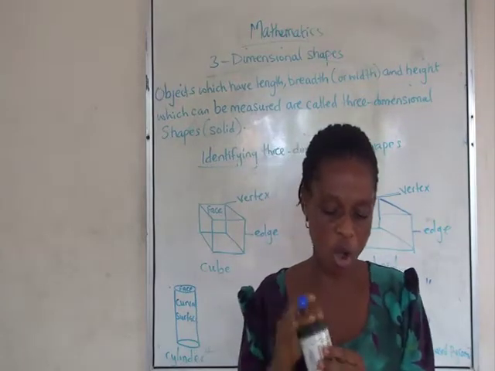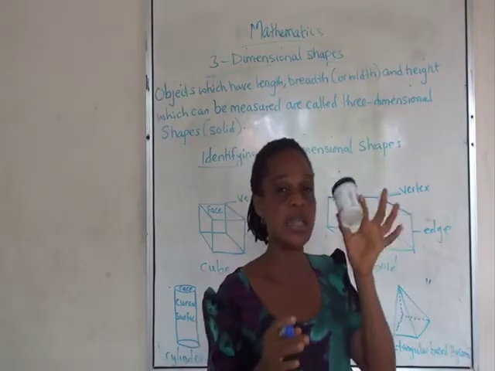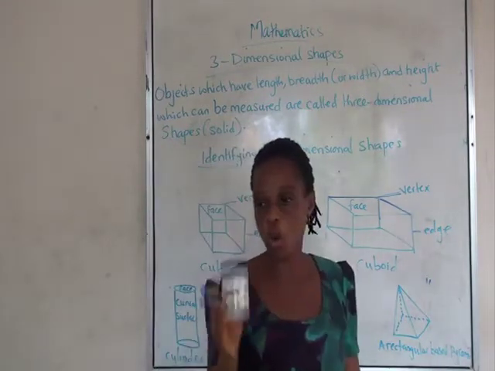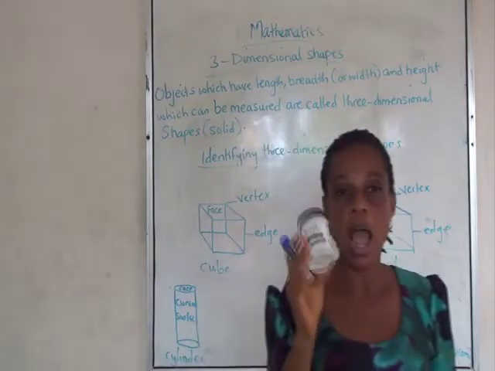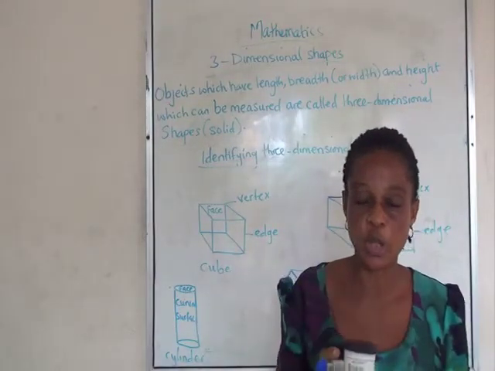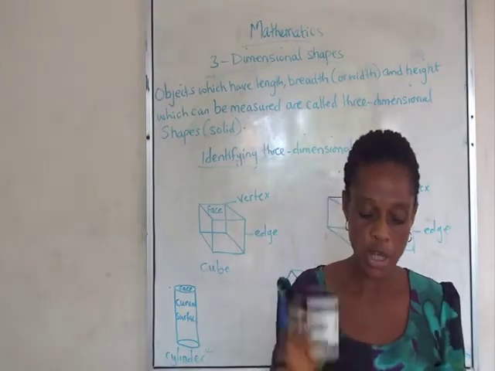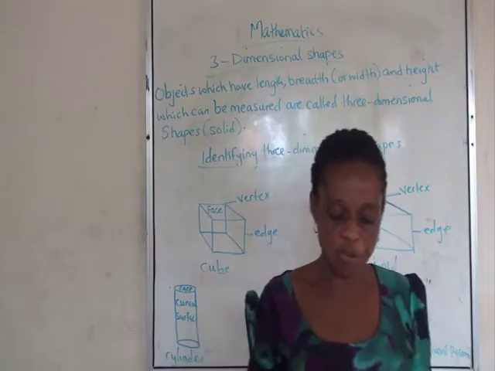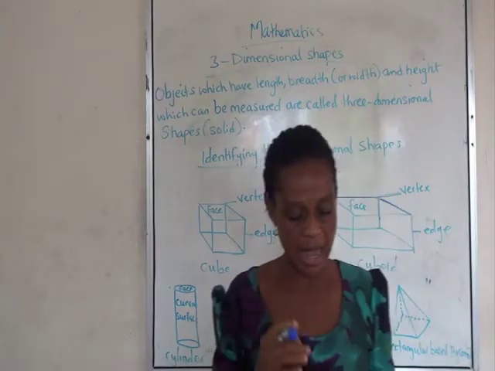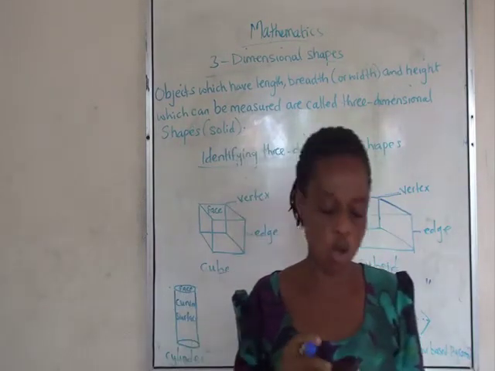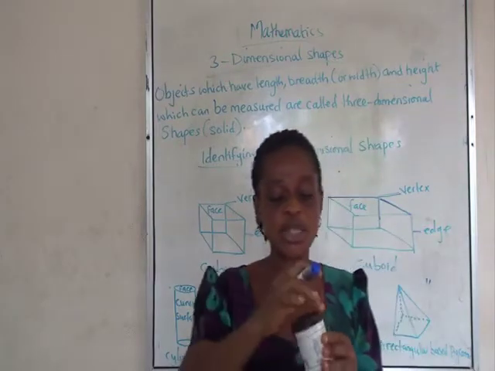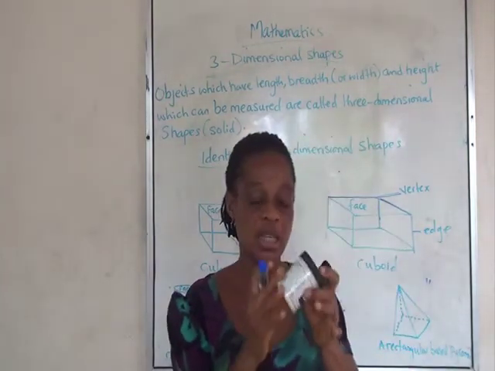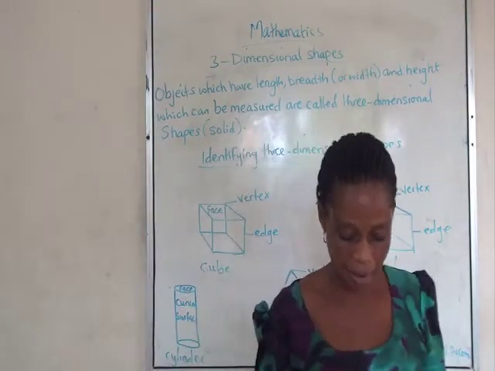Your water bottle is also an example, and this shape is called a cylinder. The properties: the 2 faces are flat and circular. It has one curved face, it has two circular edges, and it has no vertex. There is no meeting point in the cylinder.